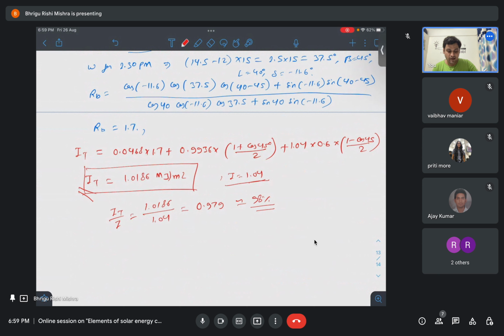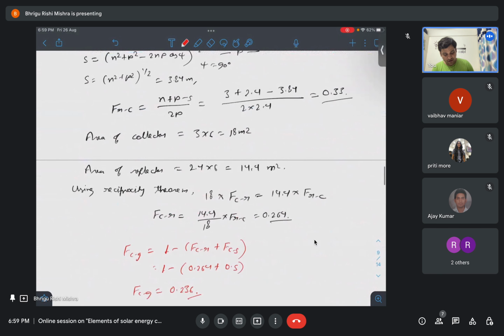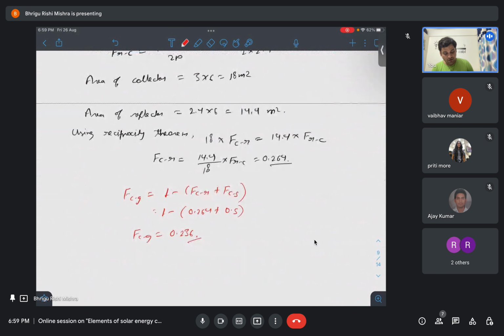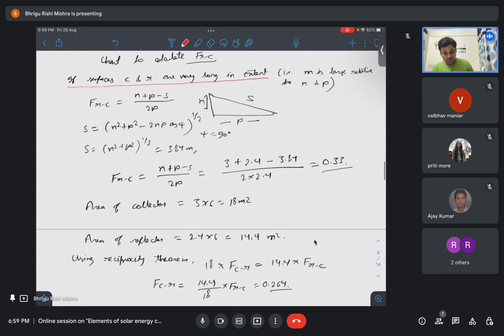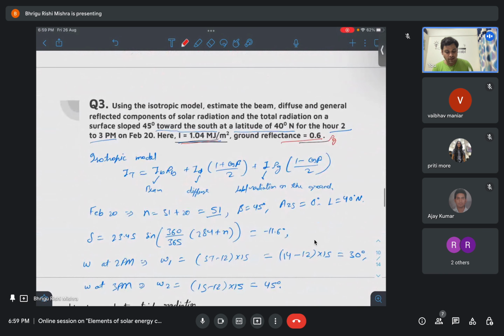We have calculated the view factor of collector to ground, collector to reflector, and reflector to collector, and in the last question we have used the isotropic model to estimate the beam, diffuse and ground reflected components of solar radiation and the total radiation.